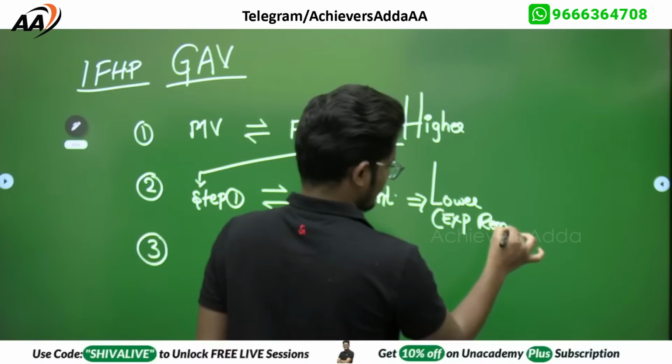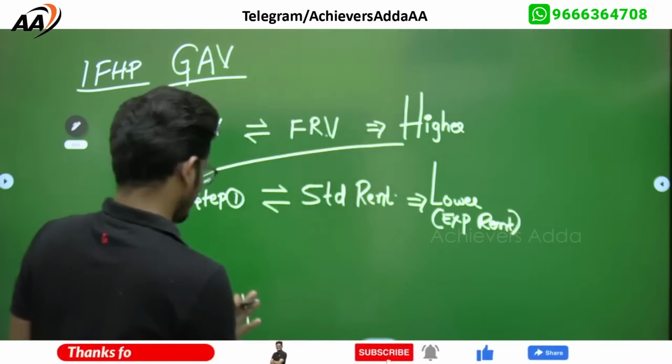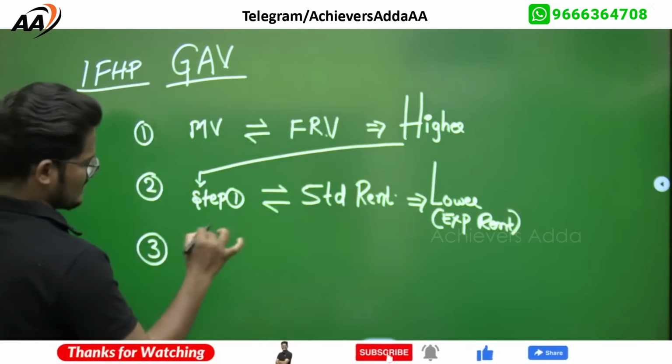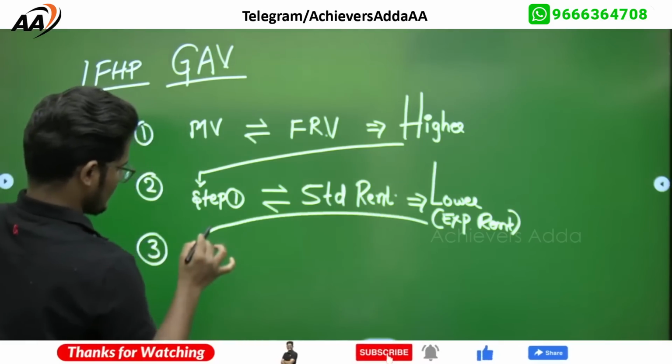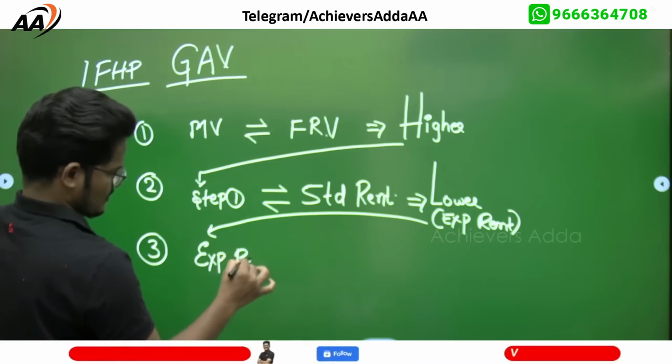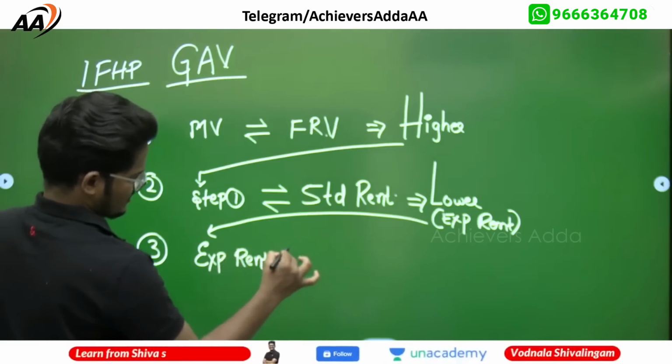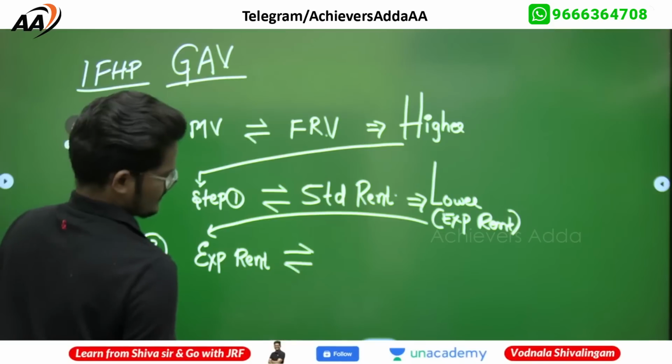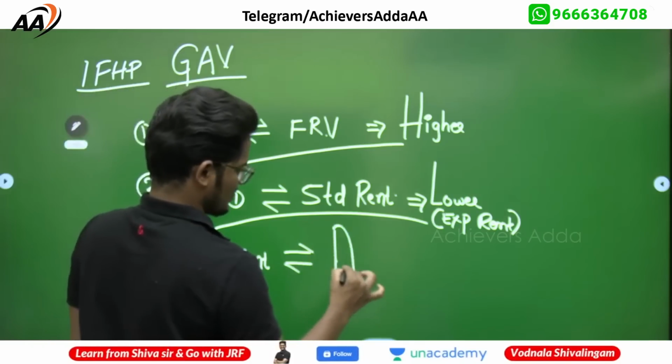This lower value we call the expected rent. This expected rent, which is the step 2 outcome, will be compared with the actual rent.